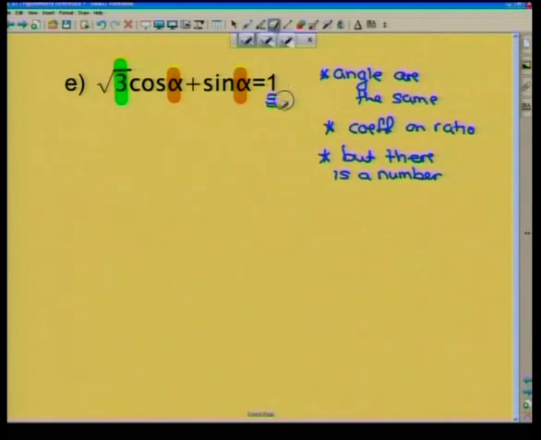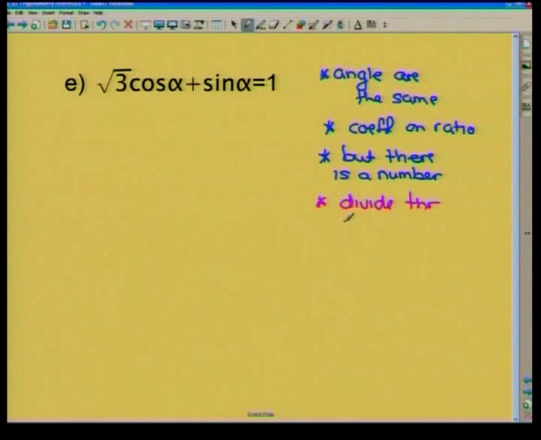Let's just tidy it up a little bit. Now I've decorated it so beautifully. Okay, let's go over here. As soon as I see this, the technique I am going to use is to divide it through by 2. So up here we go. I'm going to divide this by 2, this by 2, and this by 2.